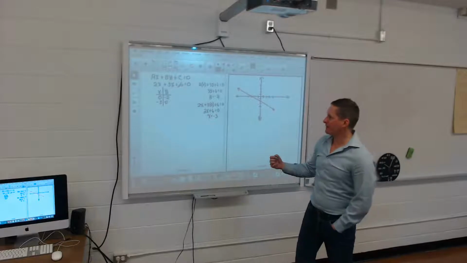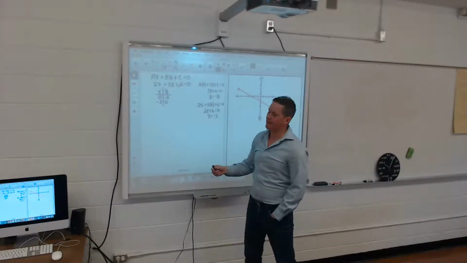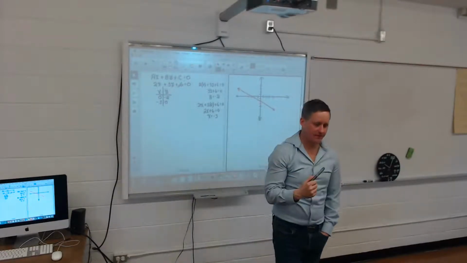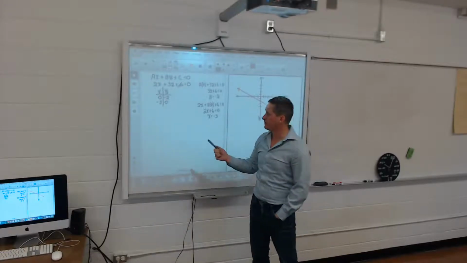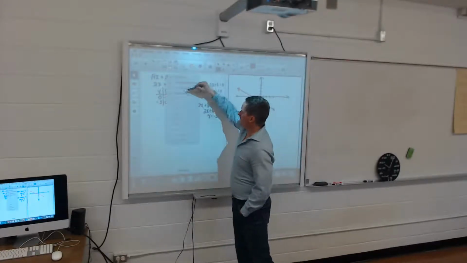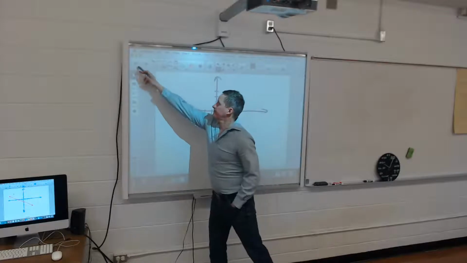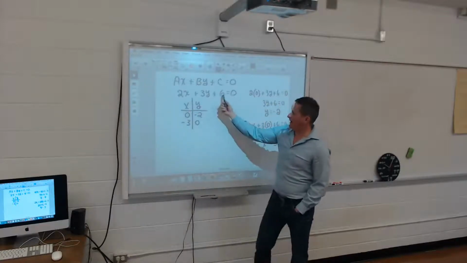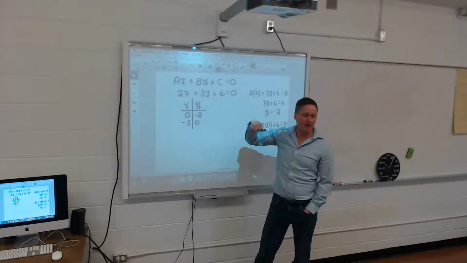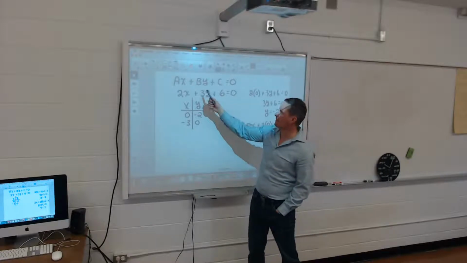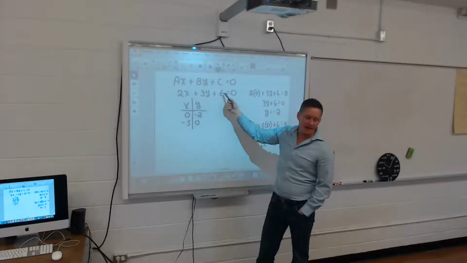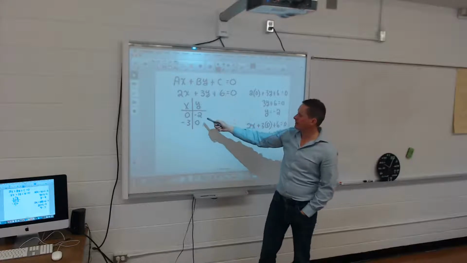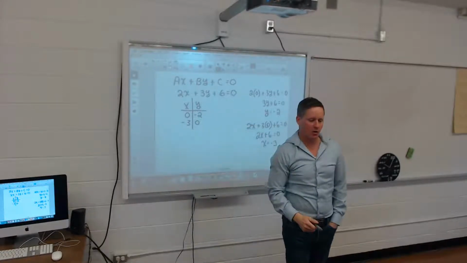I love that method and I use it all the time. When I look at the equation, I know that when I'm finding my intercepts, I have to divide by a 3 and a 2. And because they both go into 6, those work out to whole numbers.